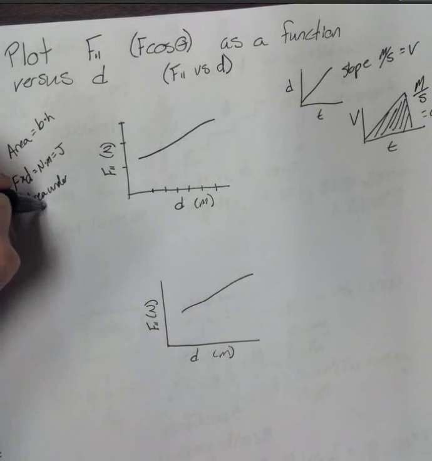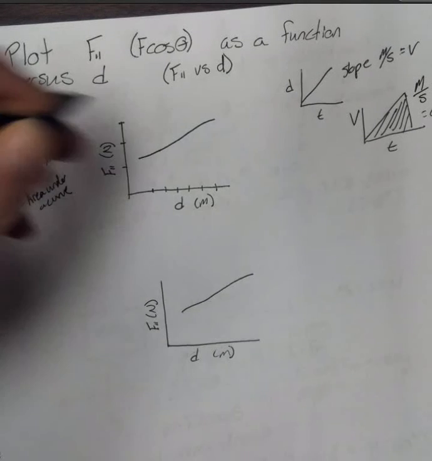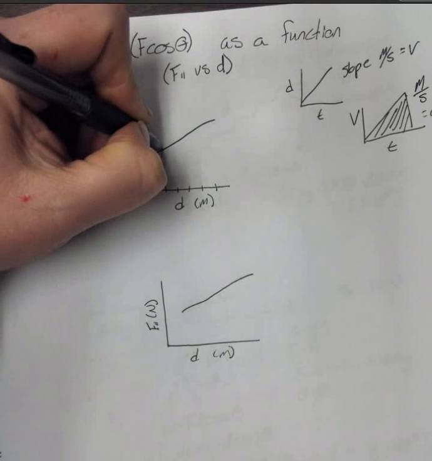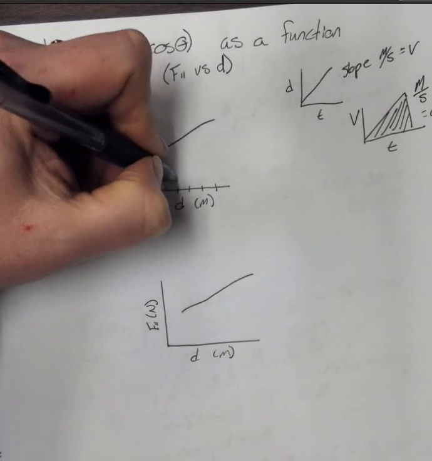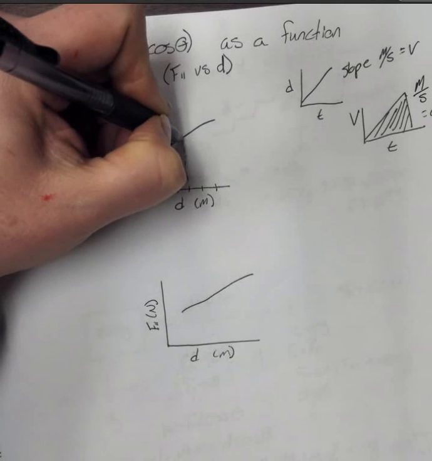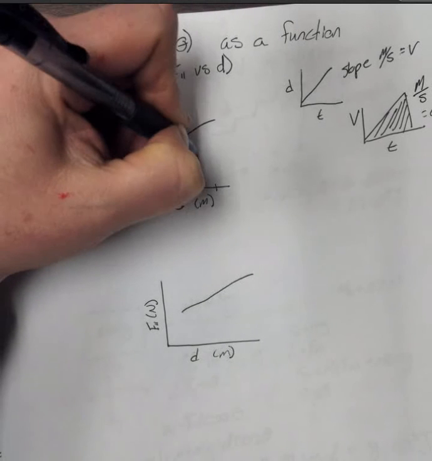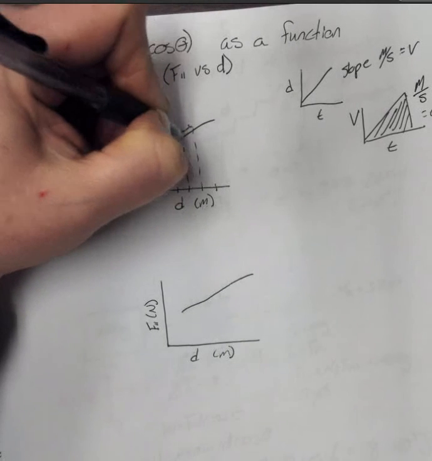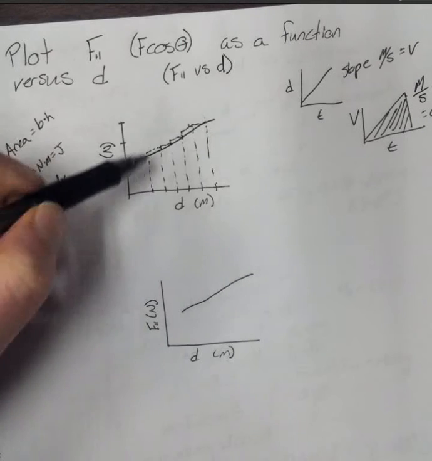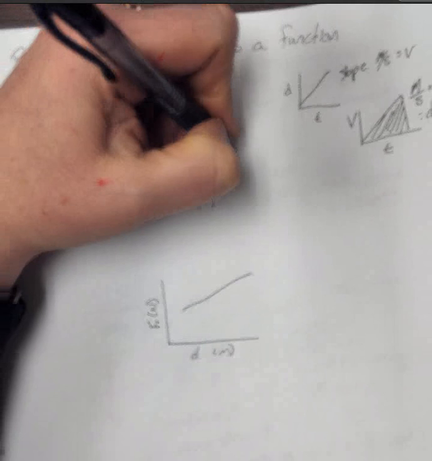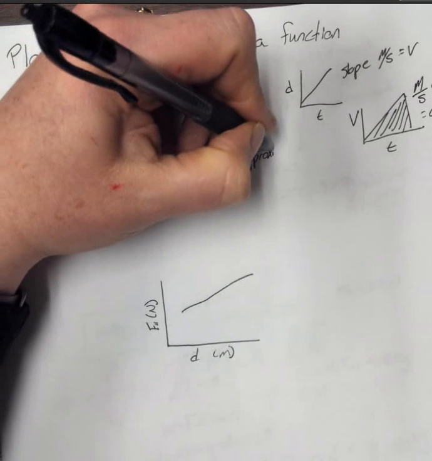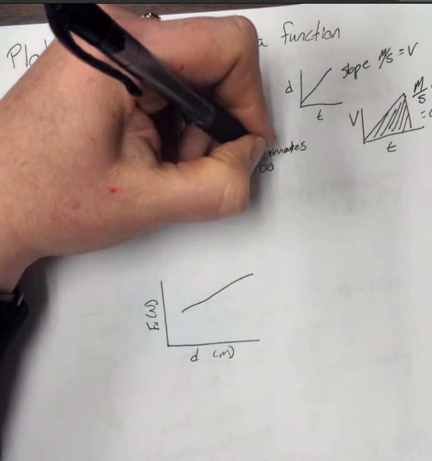If we were going to do this algebraically, we'd have to break it down into smaller chunks and get the approximate area under the curve. We'd find the area of each of these even pieces, and that area approximates work.